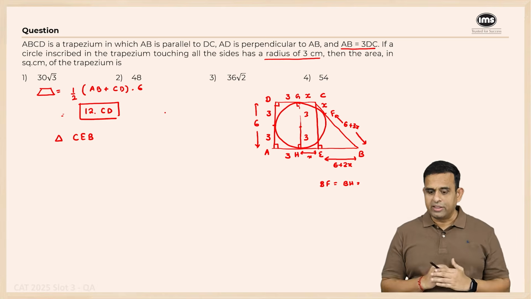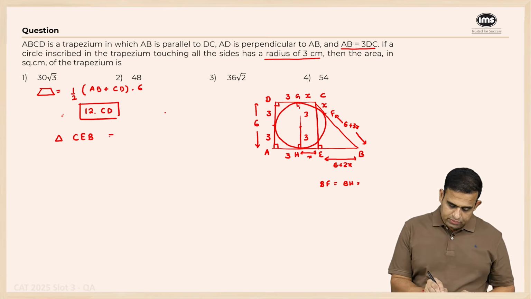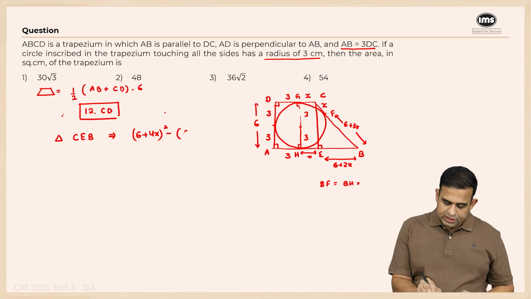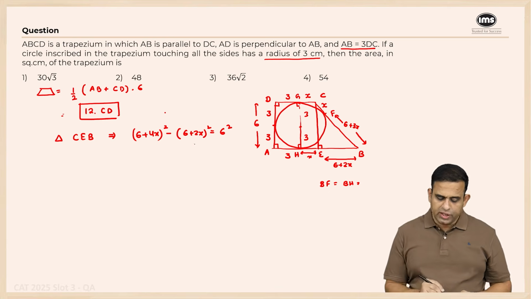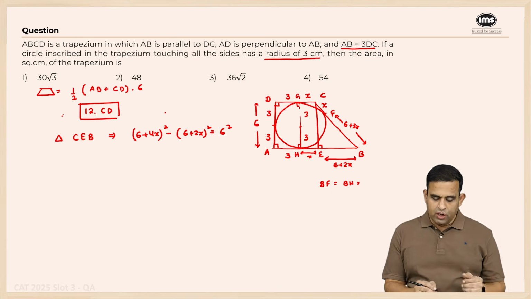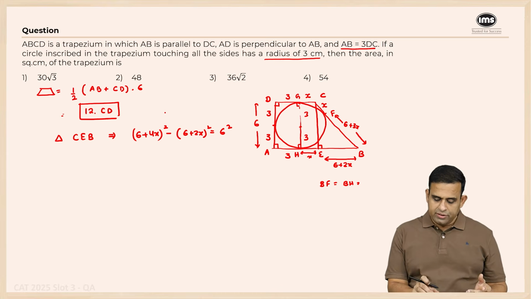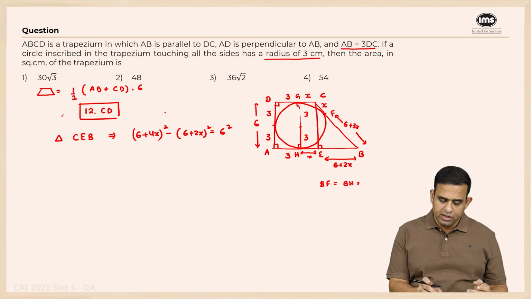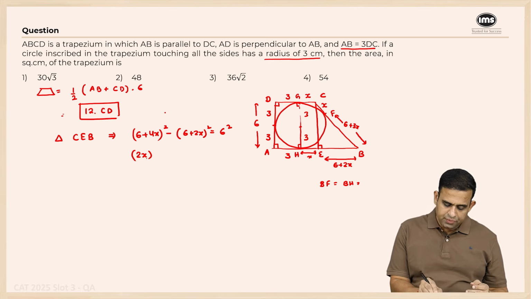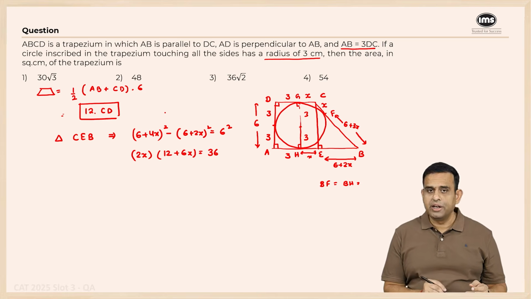So if I apply Pythagoras theorem, I can say (6 plus 4x) whole square minus (6 plus 2x) whole square, and this thing should be equal to 6 square over here. Now I can use the a square minus b square property. If I do a subtraction, this will give you 2x here. If I add them up, you get 12 plus 6x here, and this must be equal to 36.